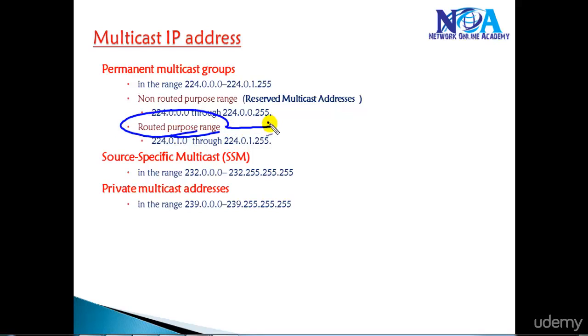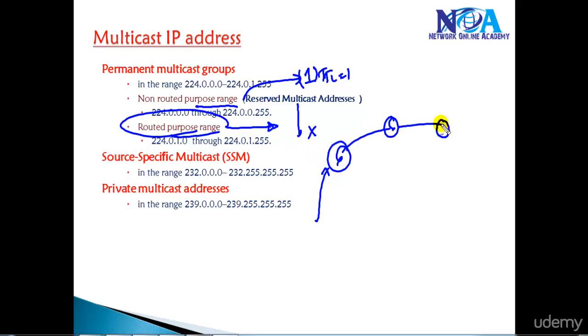The next one is the routed purpose range. This is again reserved for some kinds of protocols, and those protocols are forwarded in the entire network. This is quite the opposite of the non-routed address range, which works only one hop or less with a default TTL value of 1. Here it's not like that. The routers will forward packets for these group addresses to the next routers.